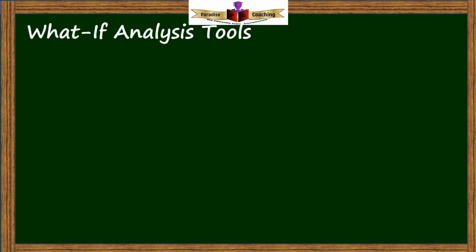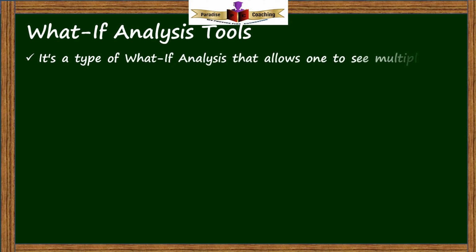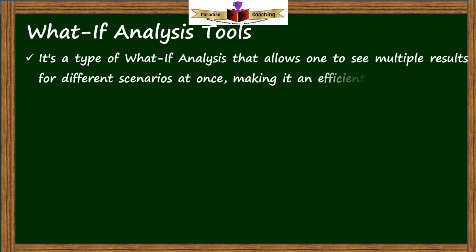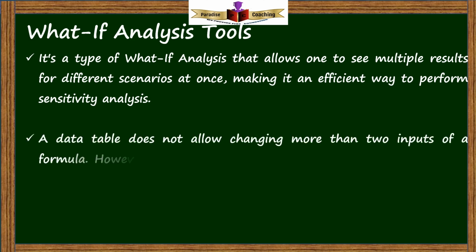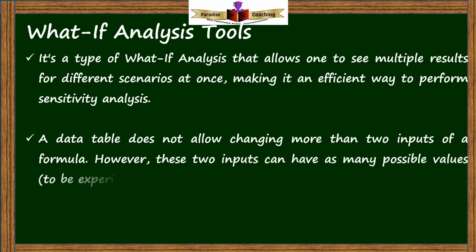What-if analysis tools: Data tables. It's a type of what-if analysis that allows one to see multiple results for different scenarios at once, making it an efficient way to perform sensitivity analysis. A data table does not allow changing more than two inputs of a formula.